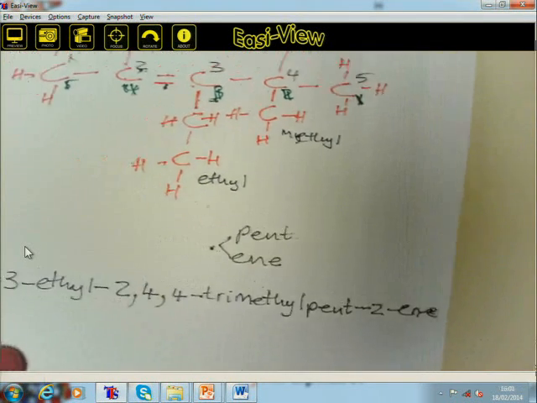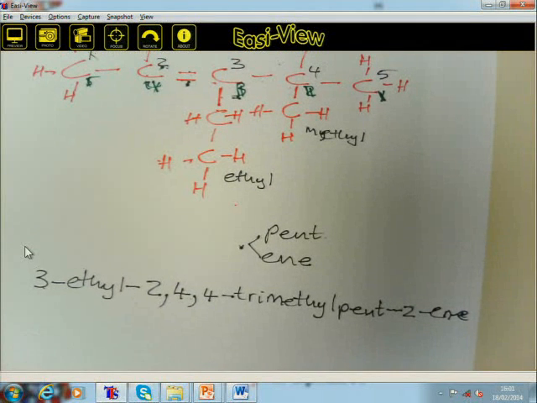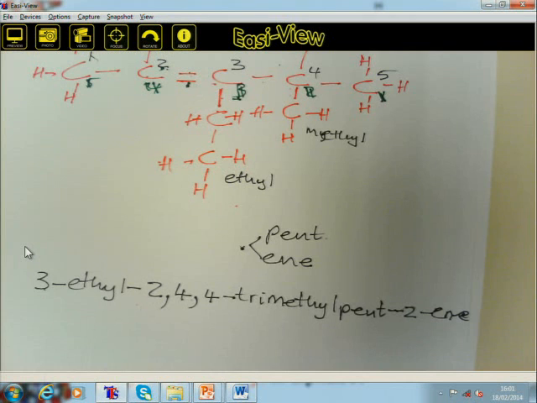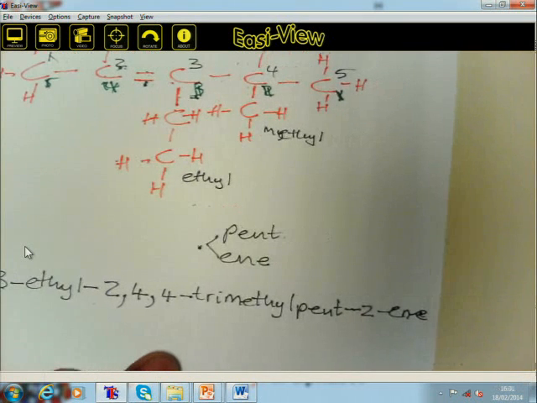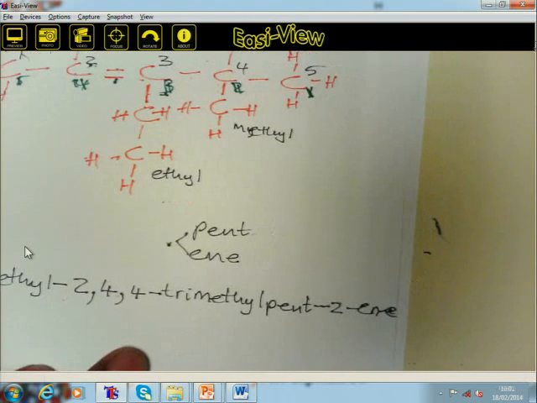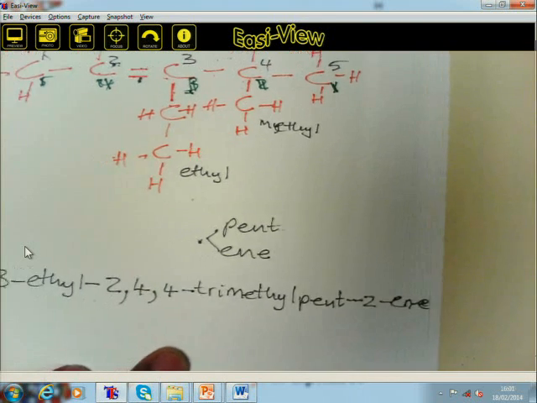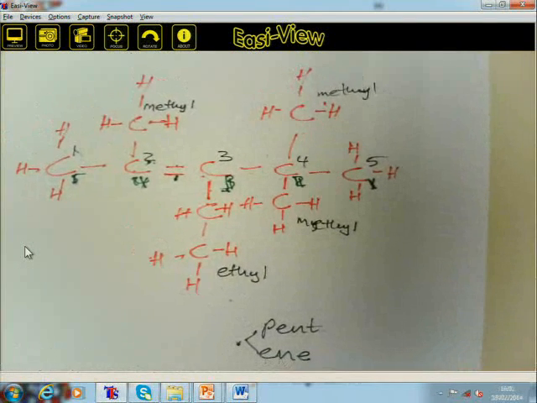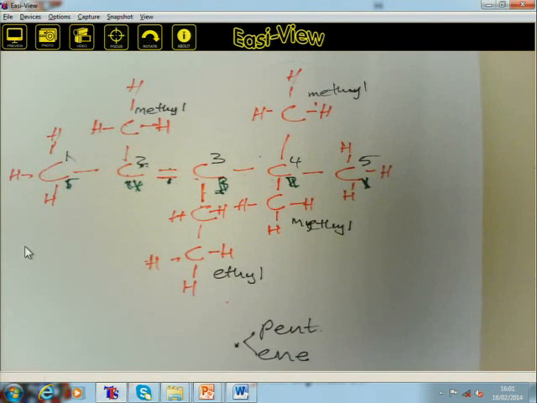All right. So the name there is 3-ethyl-2,4,4-trimethylpent-2-yne. So that's the name of this structure that we have there.